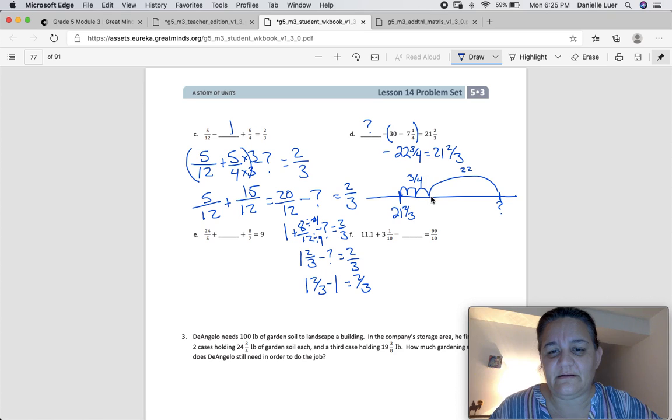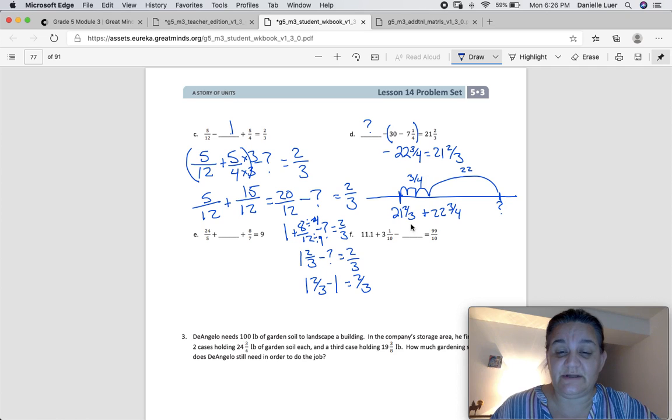Okay, so we have to figure out what that is. So in fact, do you see how in order to find this number, we can just add these together? So 21 2/3 plus 22 3/4. Well, here we have to find our common denominator. That's going to be 12.